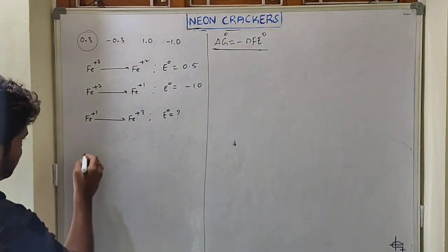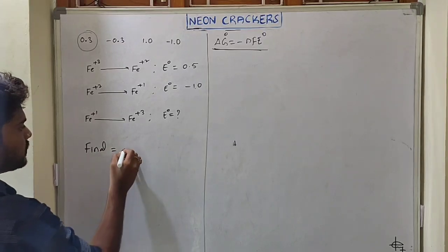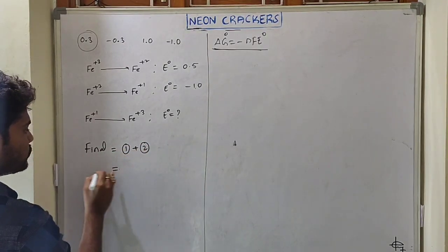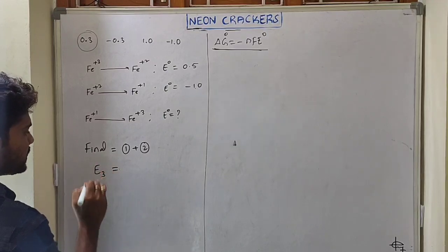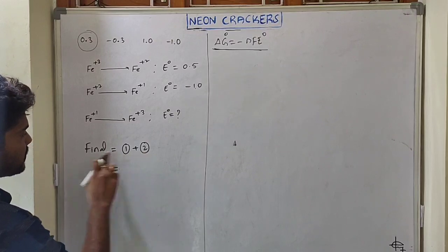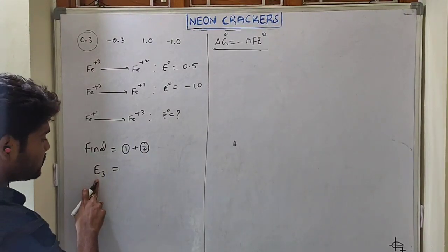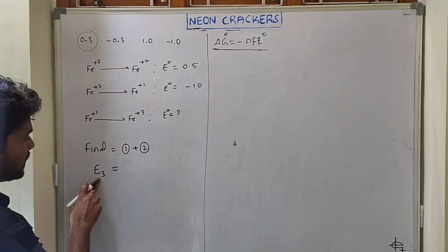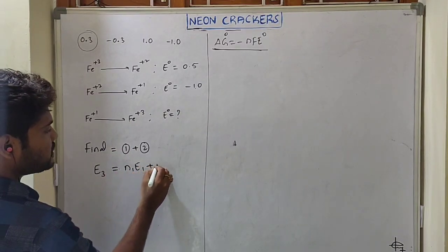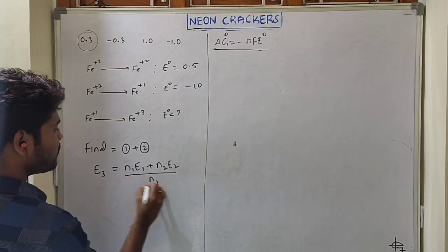Remember, if our final desired equation is the sum of 1 plus 2, where this is the first equation, this is the second equation, and the final equation is the third one, then the final potential, which I'm considering as E3, equals N1 E1 plus N2 E2 upon N3.